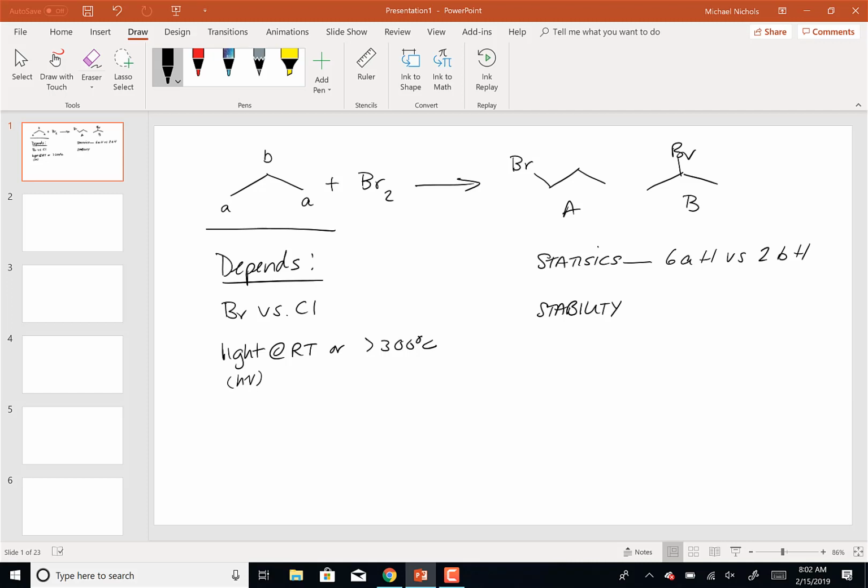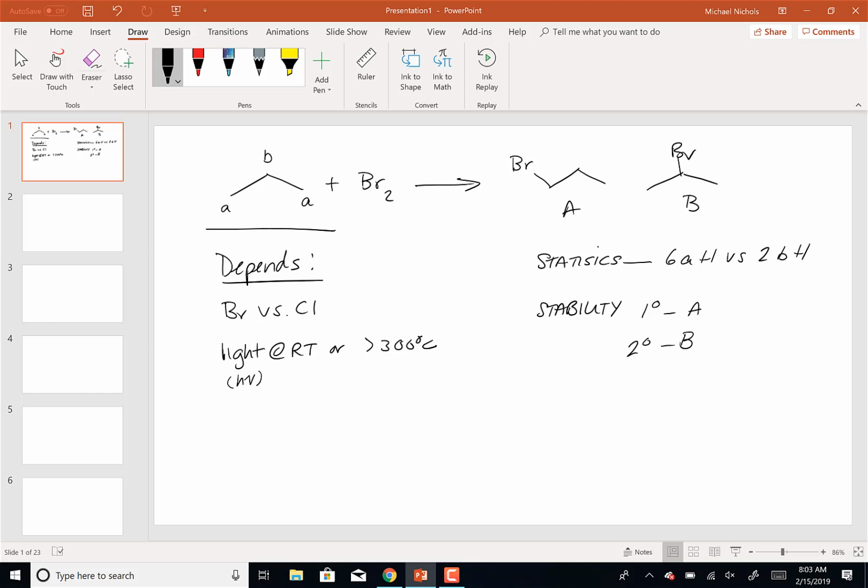Then stability-wise, a primary radical gives us product A, but a secondary radical gives us product B. And because the secondary radical is more stable, just like a secondary carbocation is more stable, we could have a situation where the major product comes from the most stable intermediate.